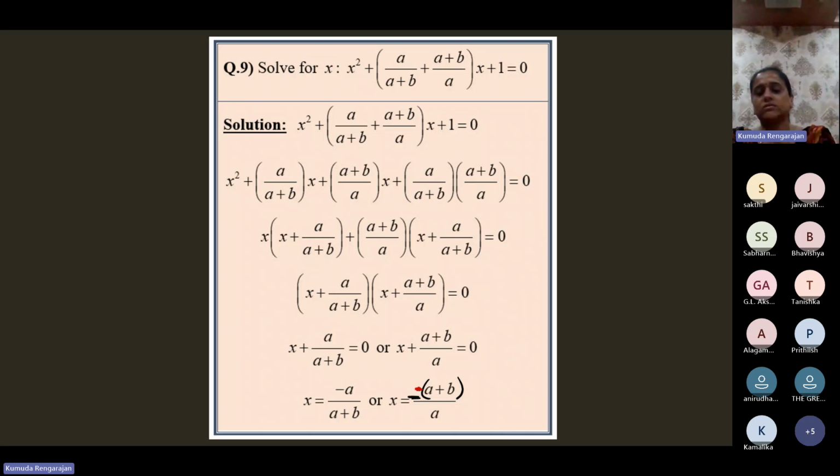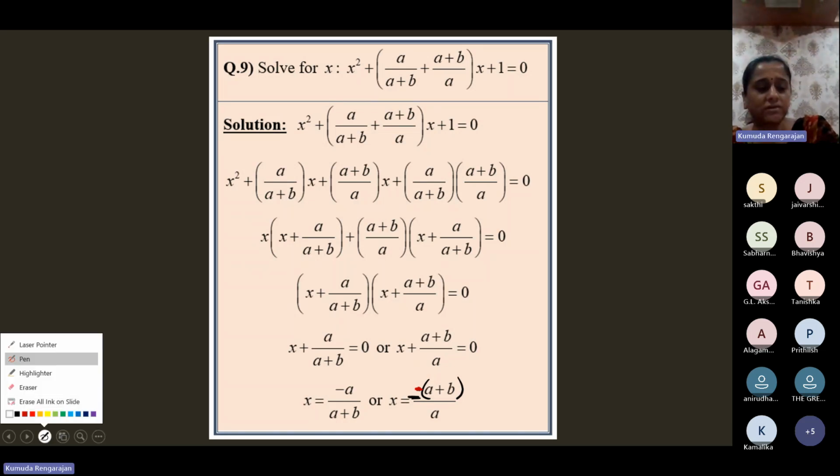So in this question, we have to replace 1 with the product of an expression and its reciprocal. The product of an expression and its reciprocal is 1. So we'll replace 1 with a by a plus b into a plus b by a. That is one change. And the other one is to open the bracket.